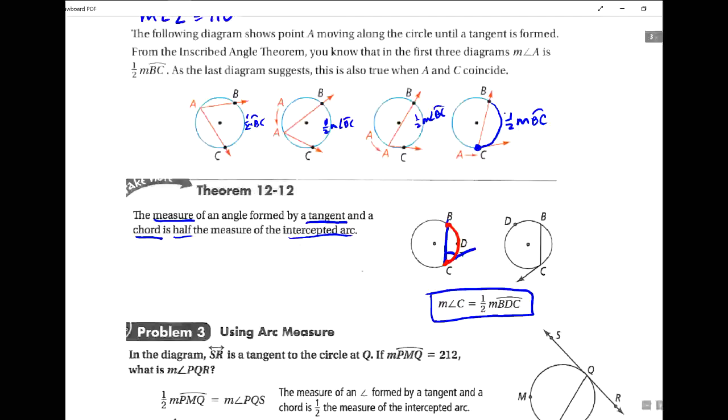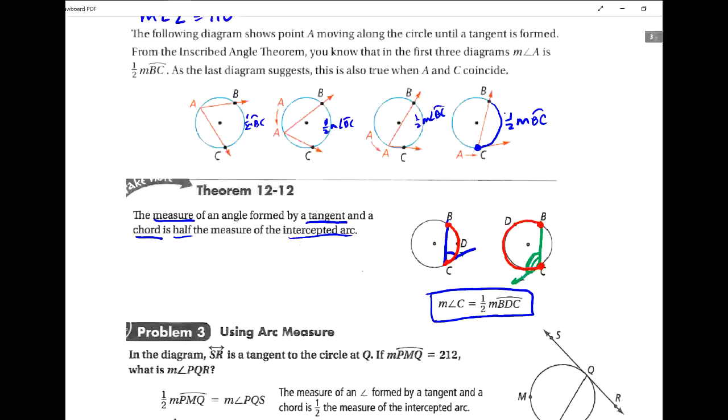Now that one's pretty easy, but what about the next one? Here's our chord, here's our tangent, right? There's our angle, but what arc is it intercepting? Well, it is the arc that is on the interior of our angle. So it's this big arc right there.